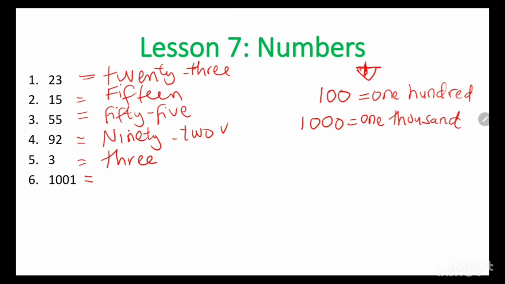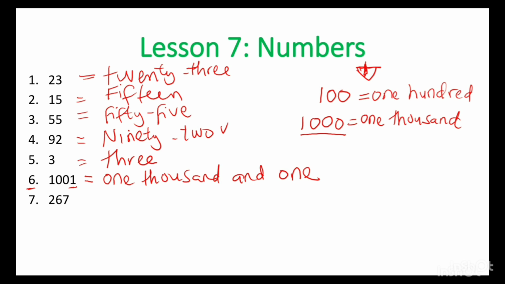Okay? So look at this number here in number 6. Number 6 has 0, 0, and 1. So it is 1,001. If you got it right, then that is good. So how do you write it? 1,001. Perfect. Let us continue.